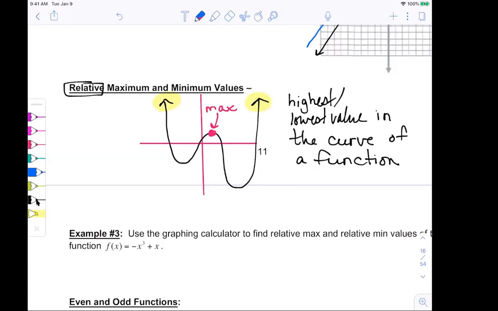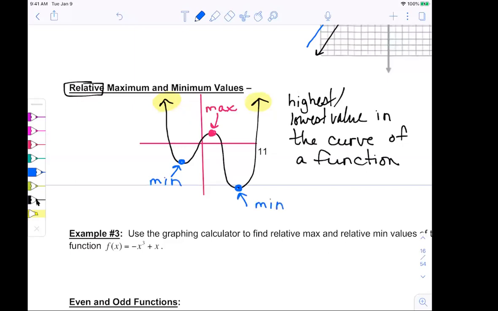The minimum of the graph, well, this is the lowest point compared to the points around it. Over here is a second minimum. It's the lowest point compared to the points around it. One is not more minimum than the other in terms of the word minimum. Yes, I know one point is lower than the other, but they're both considered minimum values when you compare them to the points around them. So here is a min, and over here is a min.